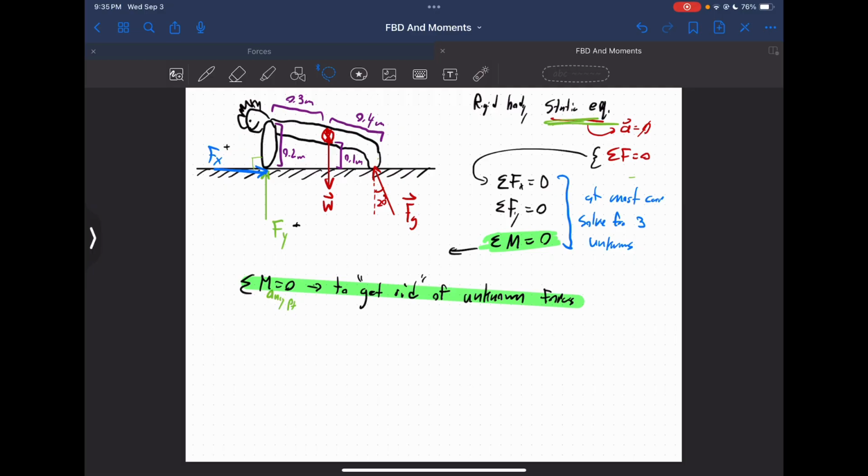If we look at a moment about this point here, we have this position vector to the weight. You can't see that, it's right here.